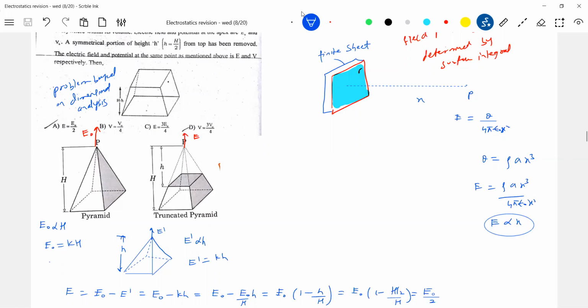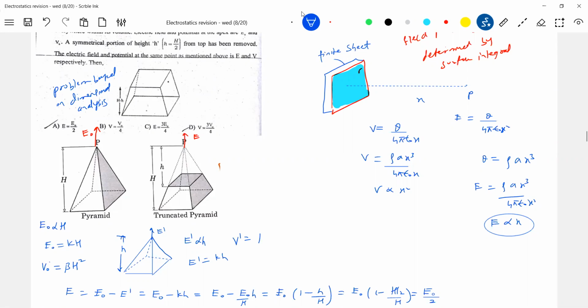Now, similarly, potential. Let's come to the potential formula. Potential equals Q by 4 pi epsilon naught x. Q will be, say, some rho A x cube by 4 pi epsilon naught x. So potential is proportional to what? X square. Now looking at the first diagram, potential should be equal to K, say some beta H square.